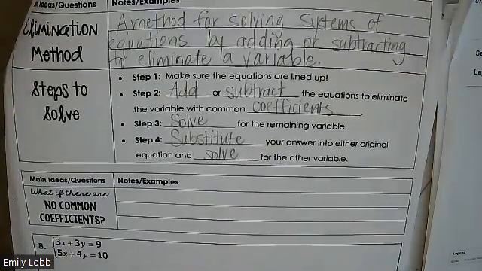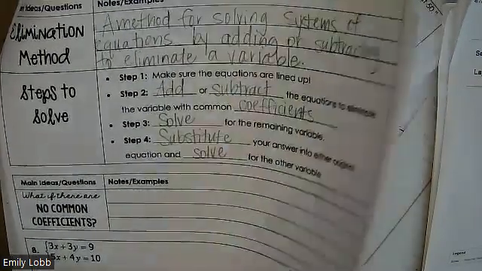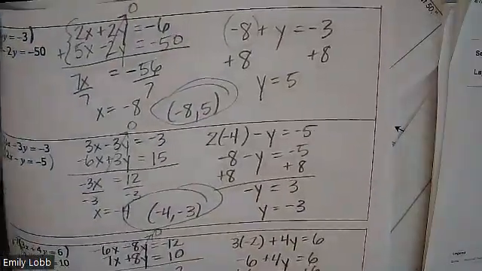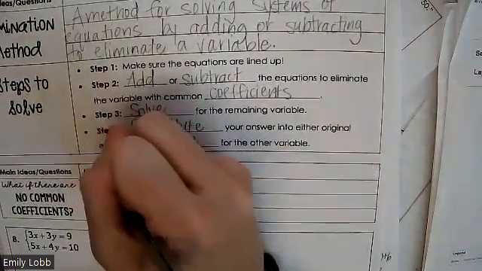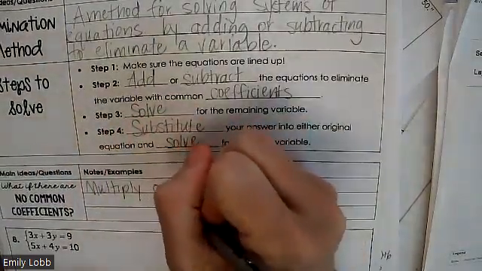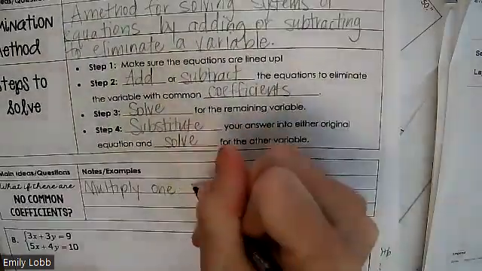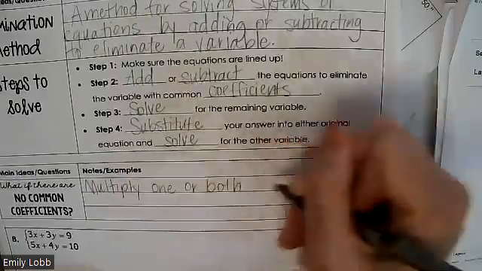So yesterday we talked about what if there are no common coefficients, and we said we would multiply one or both equations. So yesterday we multiplied one. Today we're going to multiply both.